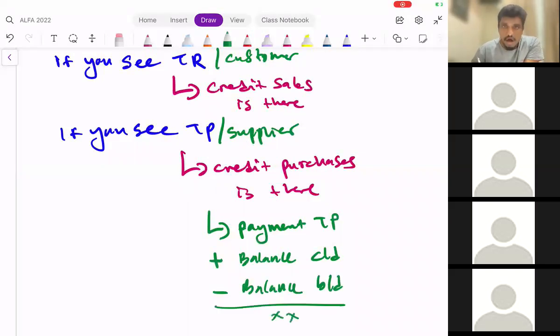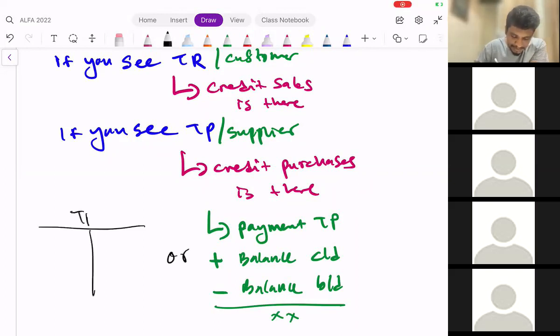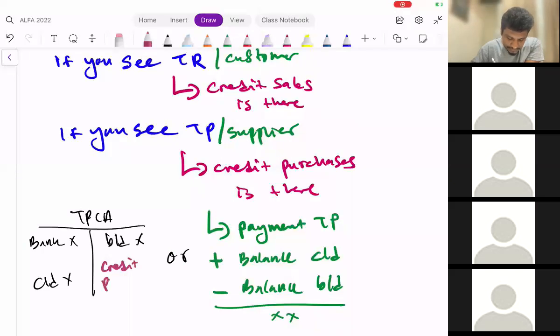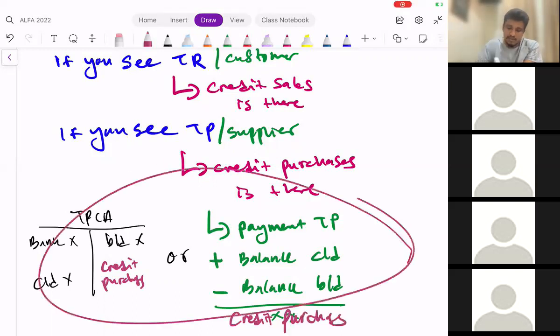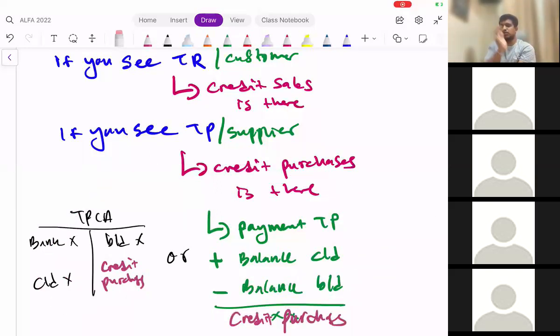You will get the answer. Or if you don't like this, you can do a trade payable control account also. Balance BD here, balance CD here, bank or the payment here. You balance it up and you'll get the credit purchases. You can use either way. Which one you want to use is up to you.